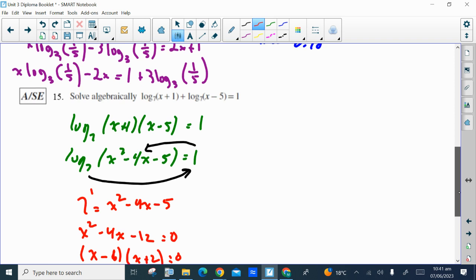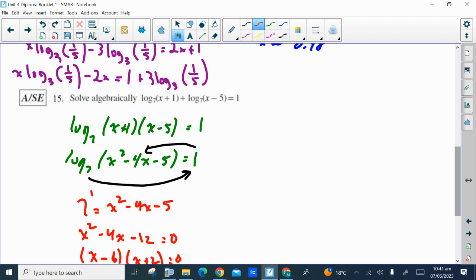But negative 2 is extraneous because we have restrictions on x. Remember, you cannot take the log of 0 or a negative number. So for the first term, x has to be greater than negative 1. For the second term, x has to be greater than 5. The domain for this equation will be x has to be greater than 5. That is the restriction that satisfies them both.